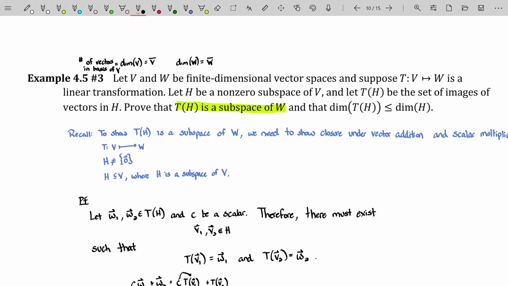For example, if I run into any transformation between two finite dimensional vector spaces from this point forward, and if I know that maybe a subspace of the vector space V has dimension, let's say 5, then I know the transformation of all vectors within that subspace creates a subspace that has dimension at most 5. It could be actually less, but it won't grow. It'll actually stay the same or shrink in dimension.